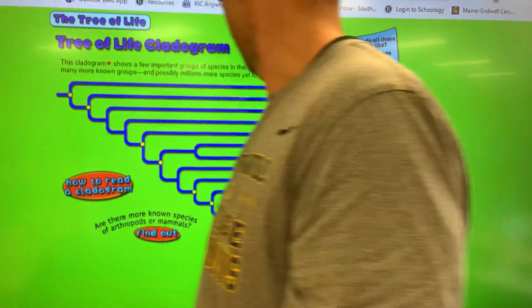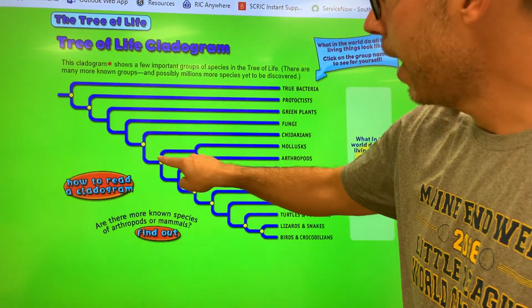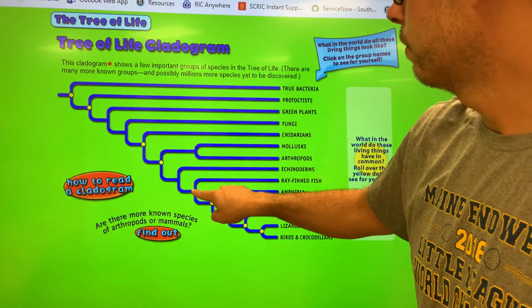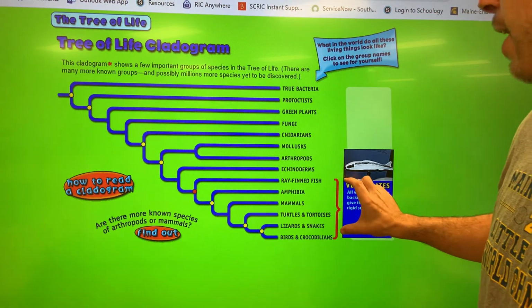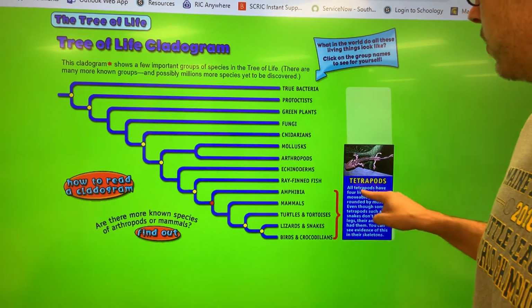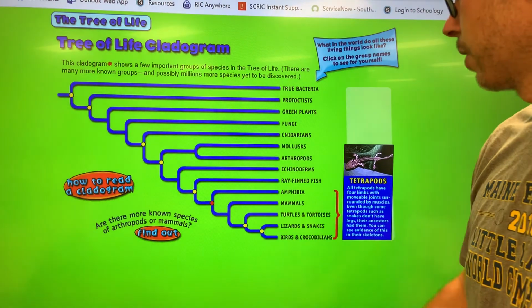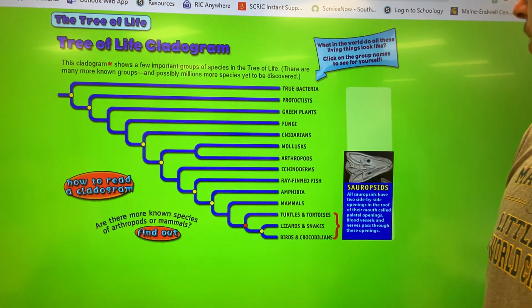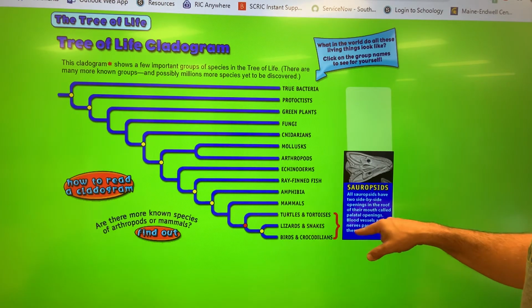Let's go back to our cladogram here and notice that animals can be broken down again. These are the vertebrates. These are all the animals that have backbones. If we want to get more specific, we can click the next one down. These are the tetrapods, all organisms that walk on four legs. These are all the sauropods. These are the ones that have bilateral openings, blood vessels, nerves.